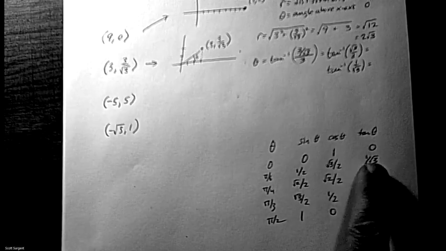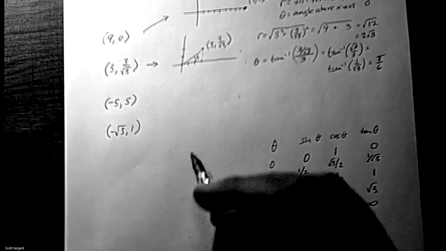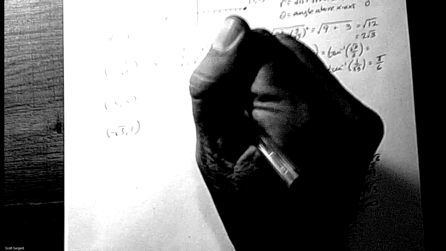That's going to be our answer right there. This will be 1, this will be rad 3, and this will be infinity. All right, sorry, I'm running a little fast here, but the arctangent of 1 over rad 3 is going to be pi over 6. So your r, theta would be 2 rad 3, comma, pi over 6. Does that make sense on that one?